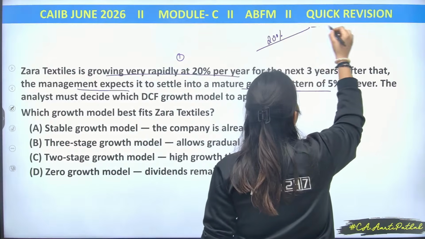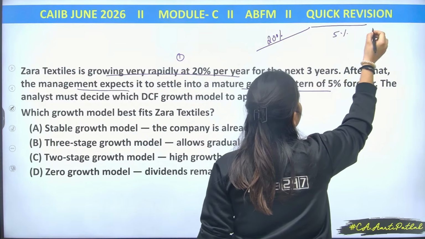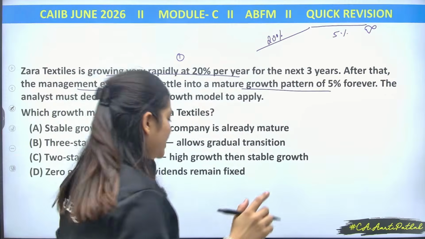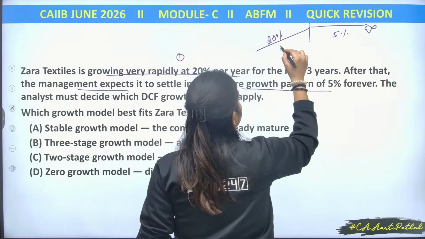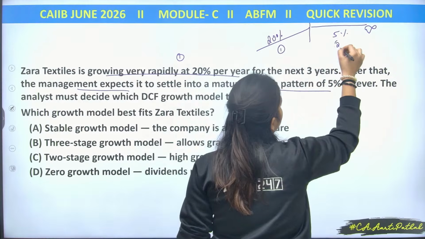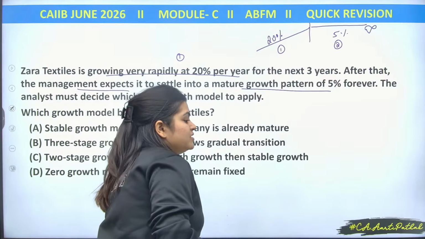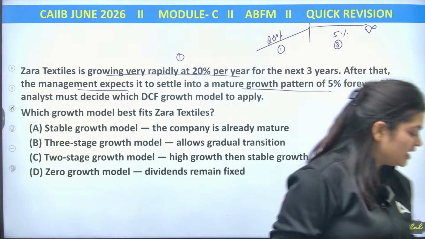So that growth is just going to be 5%, and this 5% is going to be for infinite time period. So as you can see, you have number one, 20% growth rate. Number two, that is 5% growth rate. So these are the two growth rates that Zara Limited can value.